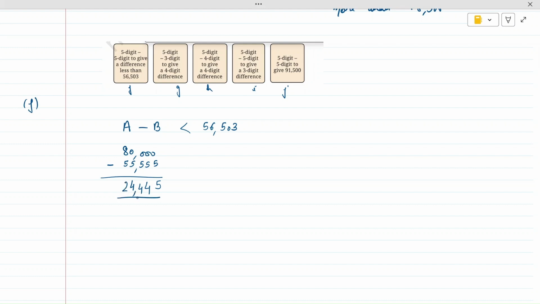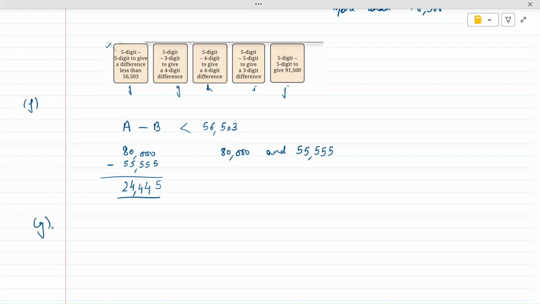So this is the number we'll get after subtraction, which is less than 56,503. So the two numbers we took were 80,000 and 55,555, and when subtracting, we get a difference less than 56,503. So we are done with this.